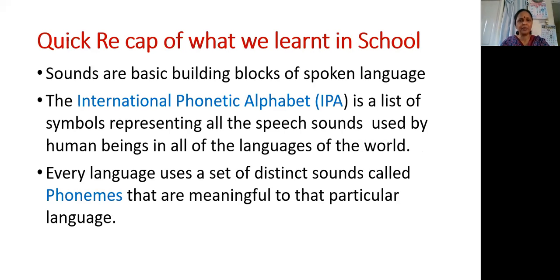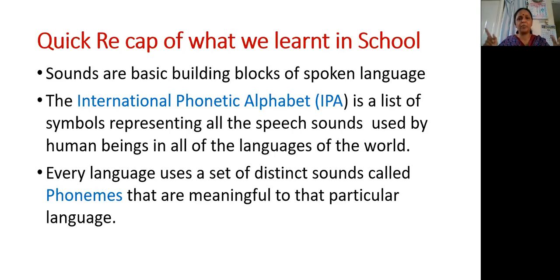A quick recap of what we have learned so far in your school days and the intermediate. Sounds, you know, are the building blocks of any spoken language. For phonetic transcription, we follow the International Phonetic Alphabet, that is IPA, which is a list of symbols representing all the speech sounds used by human beings in all languages of the world.